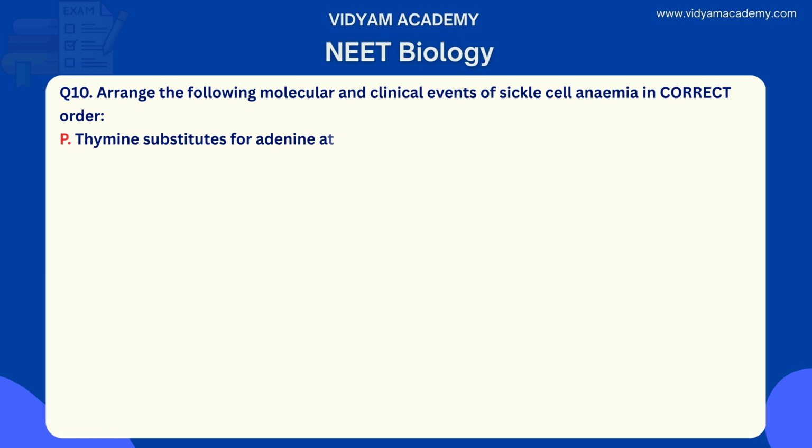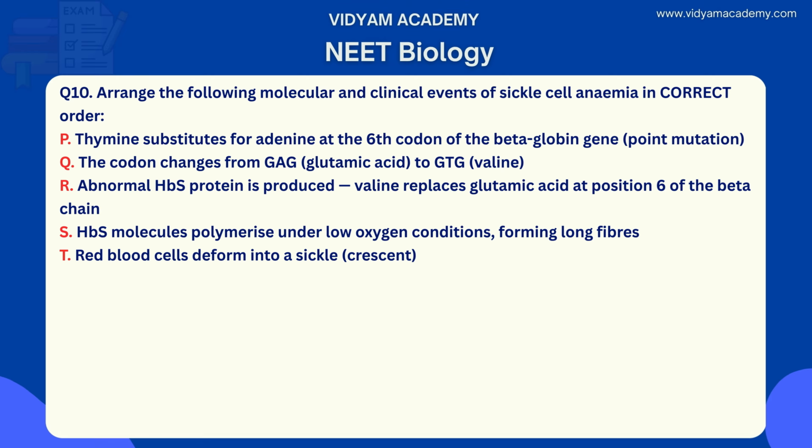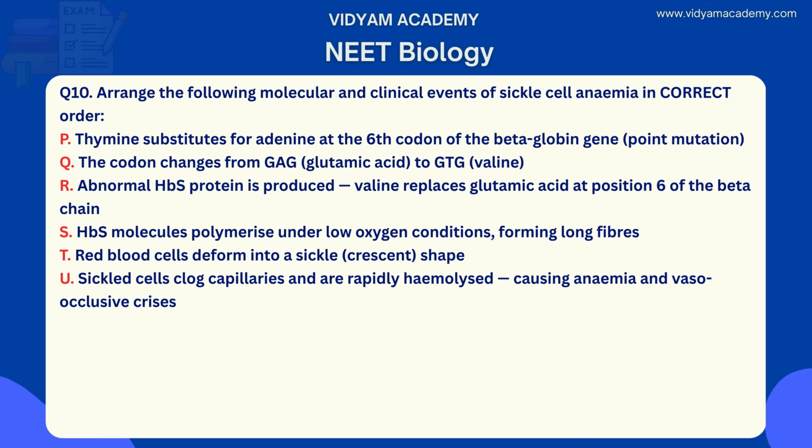And the final question of this topic, question number 10: arrange the following molecular and clinical events of sickle cell anemia in correct order. P. Thymine substitutes for adenine at the 6th codon of the beta globin gene, a point mutation. Q. The codon changes from GAG, glutamic acid, to GTG, valine. R. Abnormal HbS protein is produced.